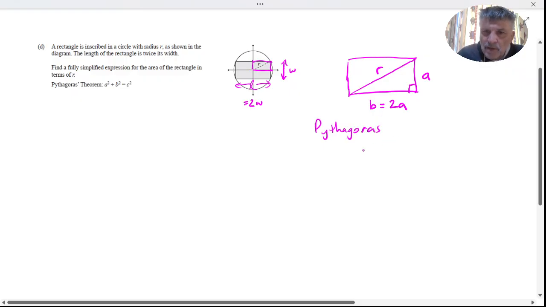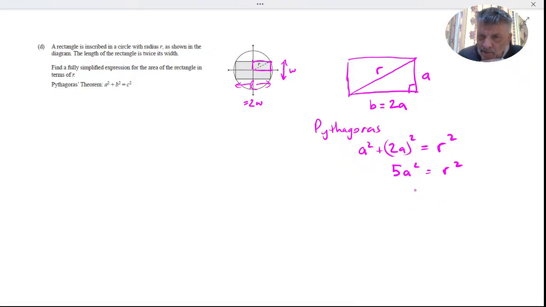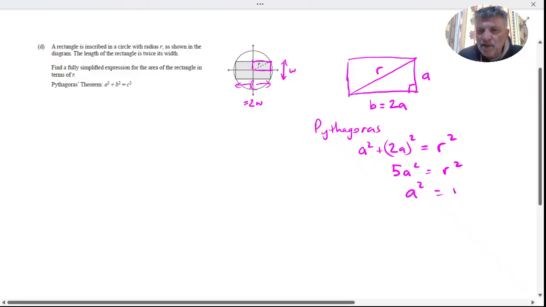And we will get a squared plus b squared, which is 2a squared, has to be equal to r squared. This is 4a squared plus an a squared, that's 5a squared equals r squared. a squared is going to be more useful to us. a squared is going to be equal to r squared divided by 5.